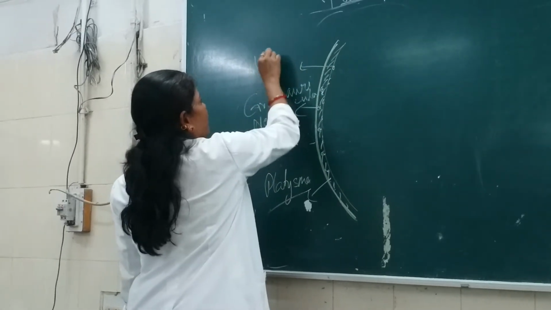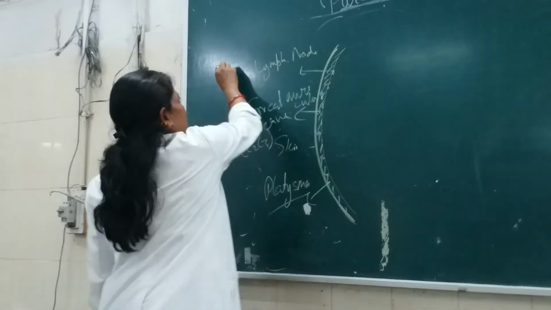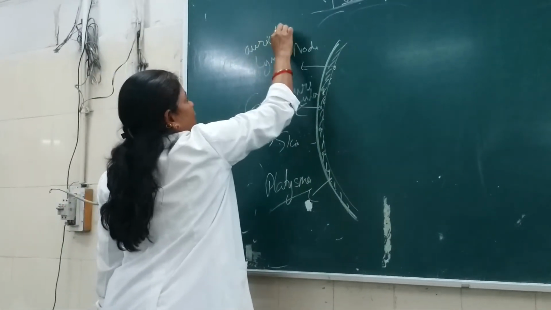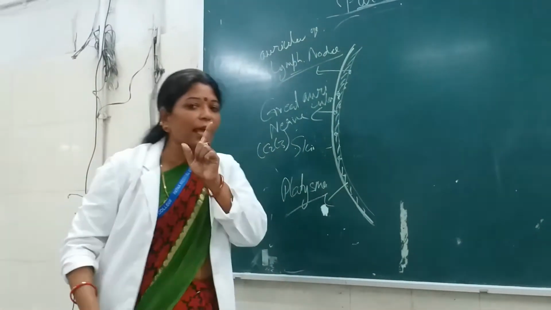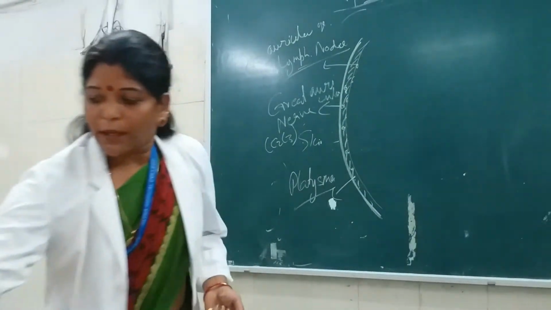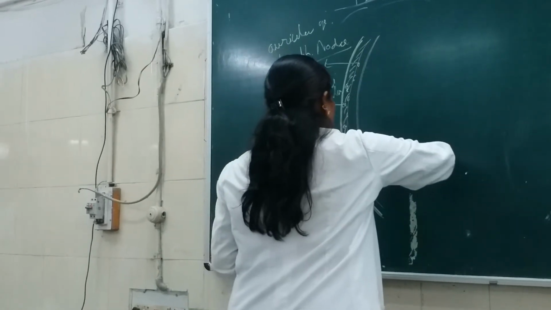Which type of lymph nodes? The superficial group of lymph nodes, the preauricular group, are present just above this parotid fascia. Now comes the parotid fascia. Look here, this is the parotid fascia.